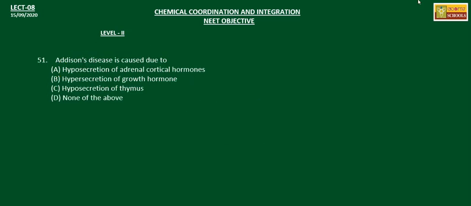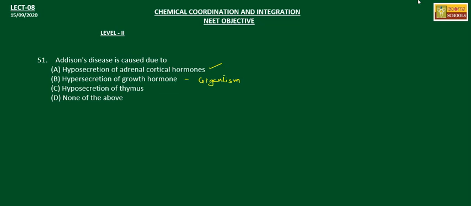Next question, Addison's disease is caused due to. Just a few questions back we discussed Addison's disease. It is caused due to hyposecretion of adrenal cortical hormones. Yes, this is the answer. Option B, hypersecretion of growth hormone, results in gigantism.